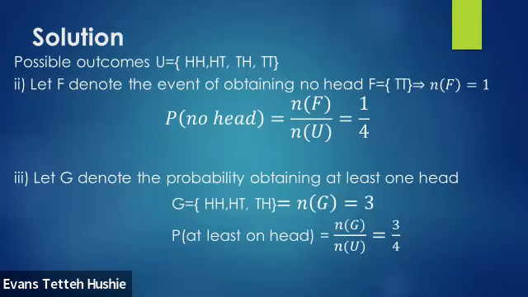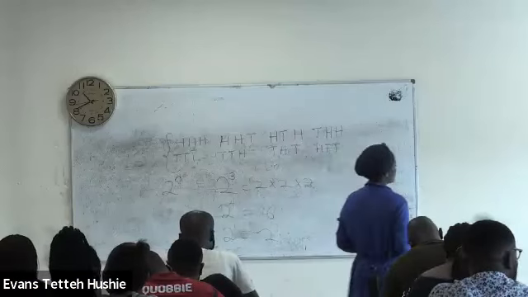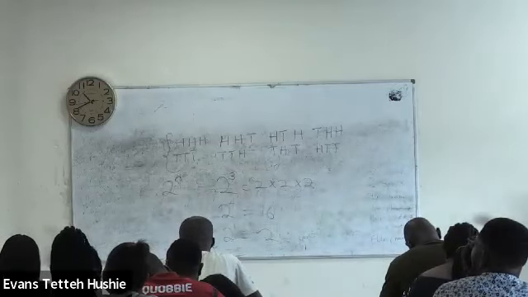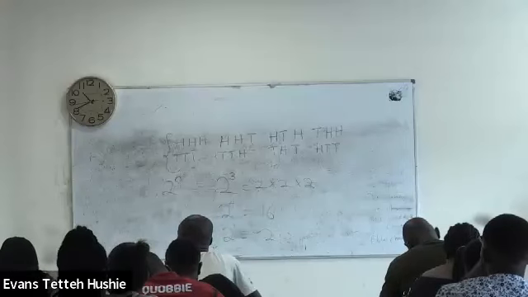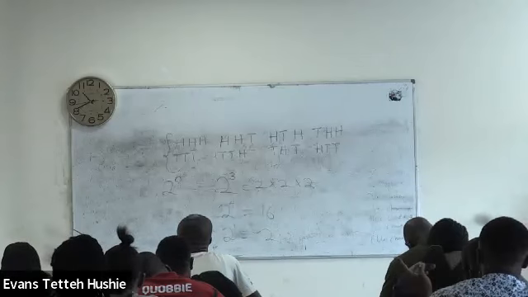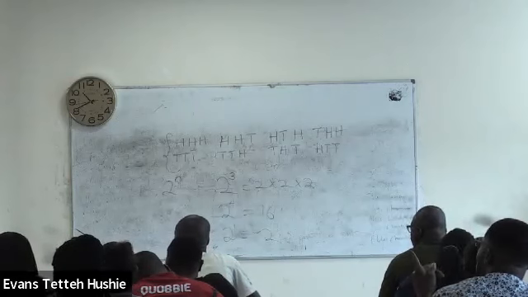So the question was a bit tricky. That is the question most of you were found wanting. Yeah? You said what? Probability. Okay, we'll go back. So during the solving of the equation, I had a problem with the question that says the head and the tail.